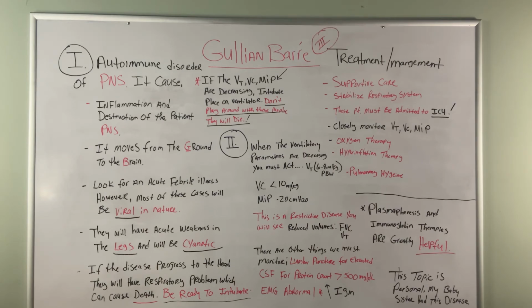These patients must be admitted to the ICU. You can't treat these people on the medical floor. They will present to the emergency room with leg pain, or can't walk for several hours or a day. They're cyanotic. Once the primary assessment has been done, and once you've decided that this person has Guillain-Barre, send them directly to the ICU for their treatment. That's a must. You must treat these people in the ICU, and yes, you will see that on the exam.